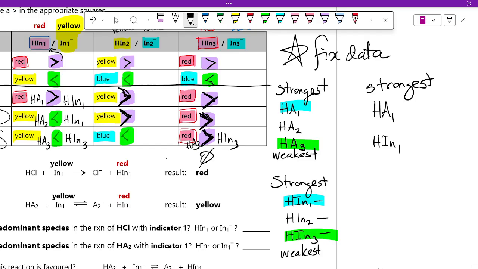Shouldn't HA3 be slightly higher? HA3 is slightly higher, yes. So it's going to go there. And now you can look and say, HIN1 has to go above HIN2. So HIN2 is going to be in here somewhere.